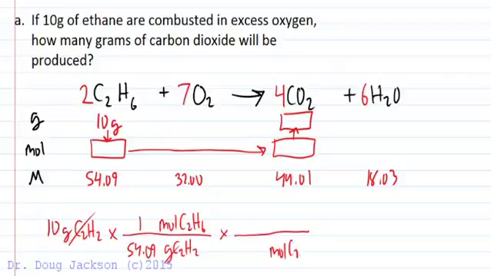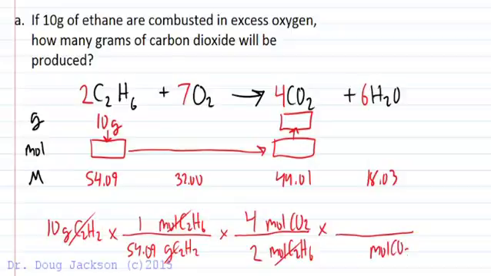Then we want to get rid of our next unit. So we want to get rid of moles of C2H6, and we go to the balanced equation. To get moles of CO2, the balanced equation says 4 moles per 2 moles of ethane. And we can get rid of the moles of ethane units. What do we want to get rid of now? Our last conversion factor, moles of CO2 to grams of CO2.